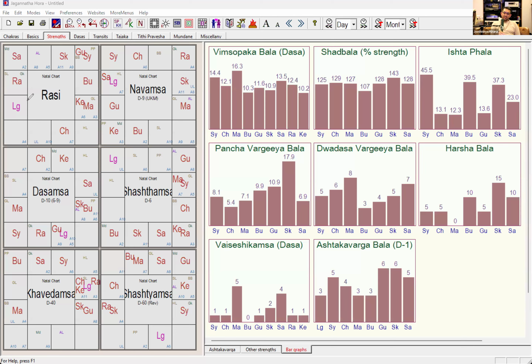See, this person is defining his or her whole happiness with respect to Shukra. Shukra is defining the happiness. But Shukra goes to a bad place somewhere. For example, is there anywhere this person's Shukra is not so great? In D10, Shukra. So here itself you see mother's chart. Shukra and Guru are together, and Shukra is not a big fan of Guru. So this is a very powerful Shukra defining happiness.